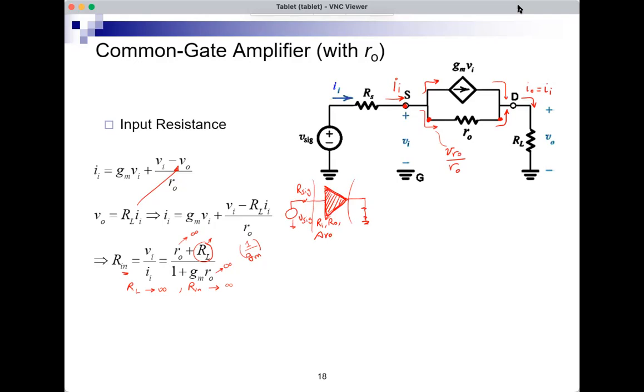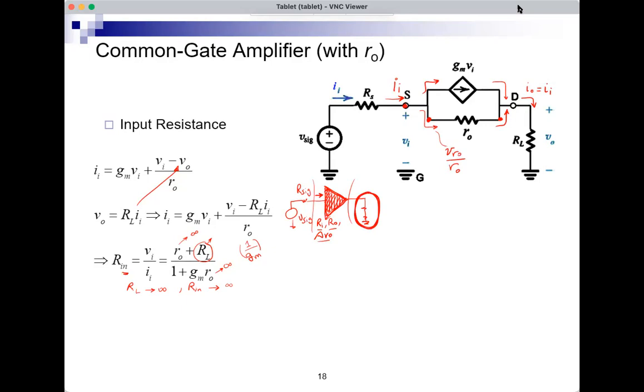Inside the amplifier, you'll have MOSFETs and resistors, and the MOSFETs and the resistors will determine the input resistance, output resistance, and open circuit voltage gain. This is the first time where the input resistance not only depends on what's inside the amplifier, but also on what's connected at the output of the amplifier.